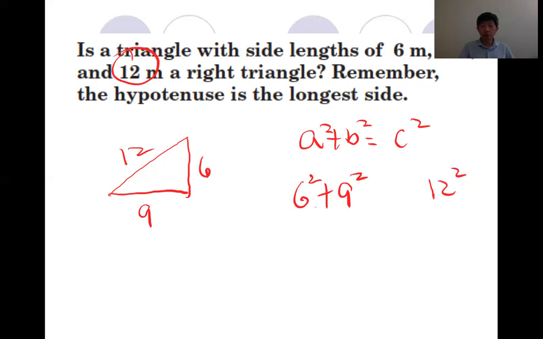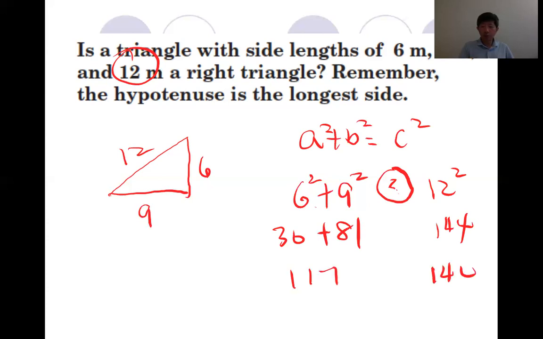I don't know yet if they are equal or not equal. So 6 squared is 36, 9 squared is 81, and 12 squared is 144. 36 plus 81 is 117, and here we have 144.